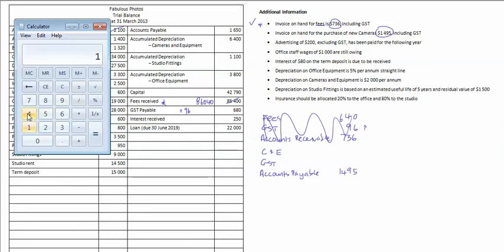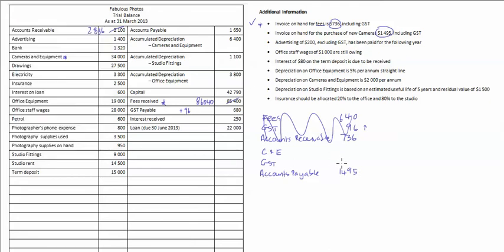GST is going to be 1,495 times 3 divided by 23. Oops, that is not right. 1,495 times 3 divided by 23 is 195, and the difference looks as though it could be 1,300.